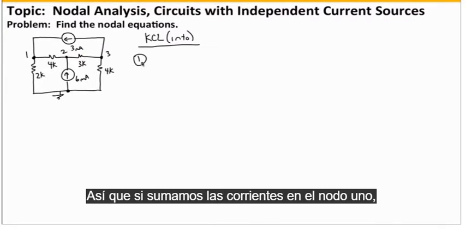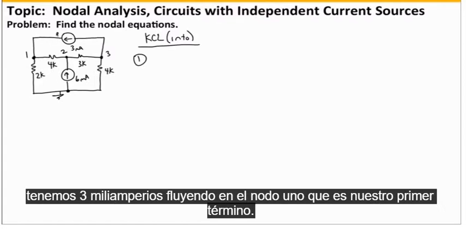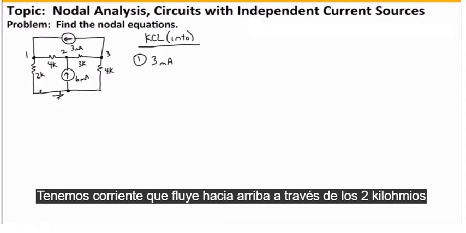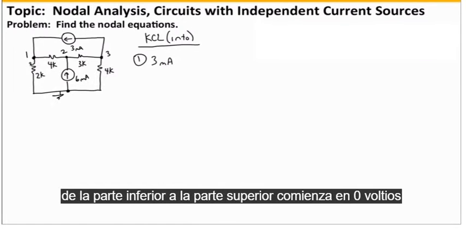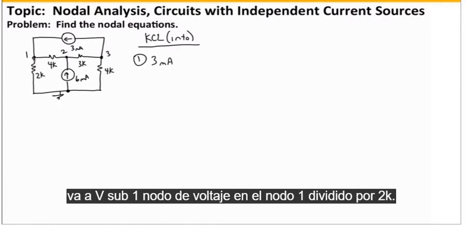If we sum the currents into node 1, we have the 3 milliamps flowing into node 1. That's our first term. We have current flowing up through the 2 kilo ohm resistor from the bottom to the top, starts at 0 volts, goes to V sub 1, the nodal voltage at node 1, divided by 2K.